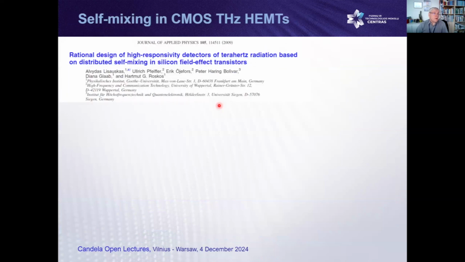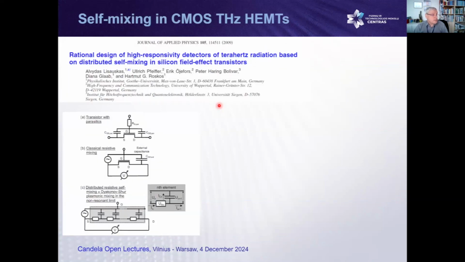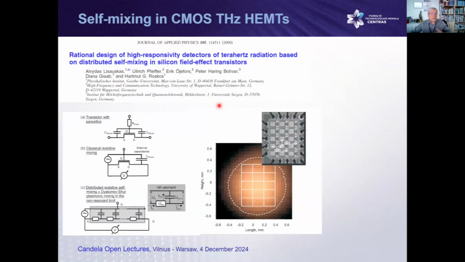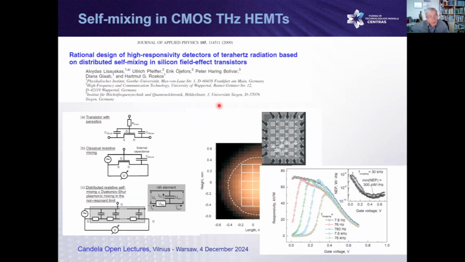Later on, Alvydas Lisauskas and the Frankfurt group also made excellent, seminal work, which is different from the approach of Dyakonov and Shur, taking into account circuitry components, external capacitance, external resistances, and so on. They developed a nice array and recorded signals which reached 60 kilovolts per watt.